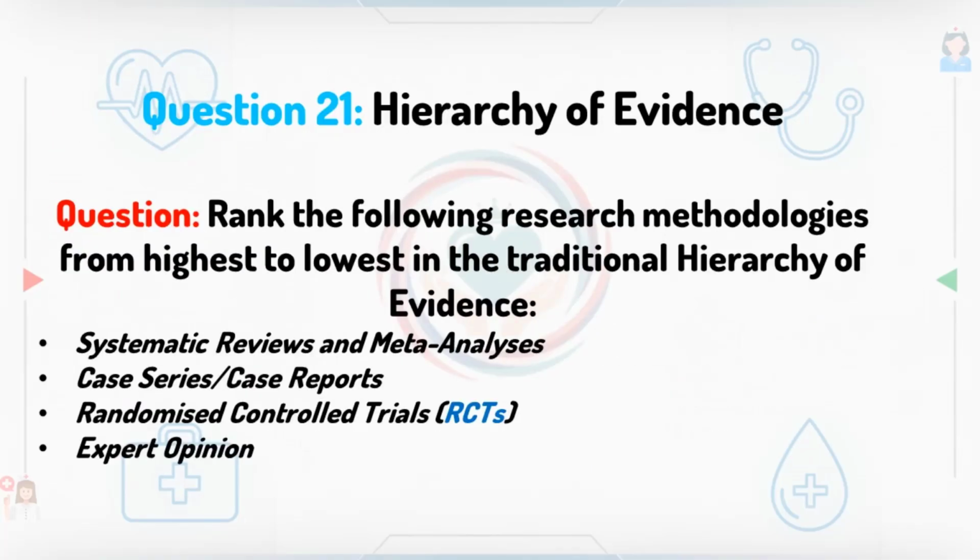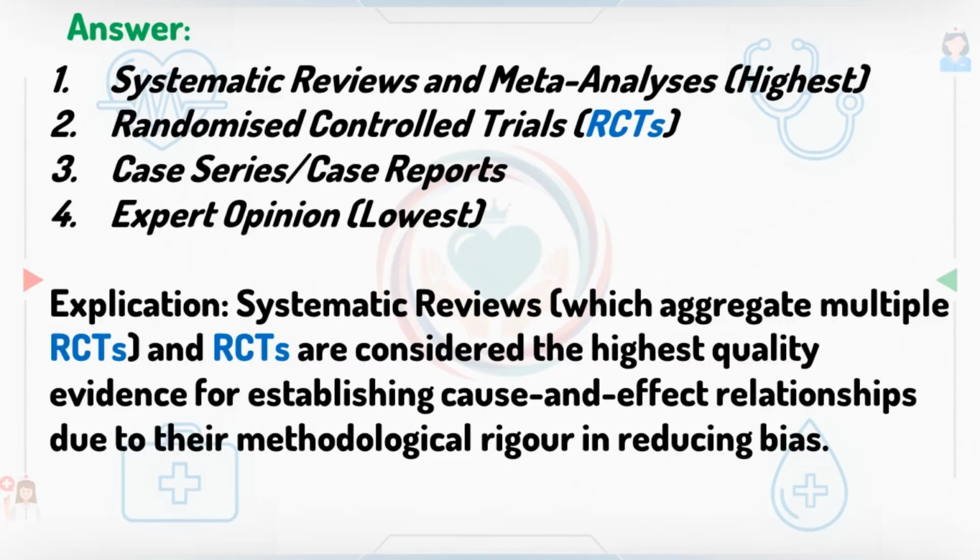Question 21. Hierarchy of evidence. Rank the following research methodologies from highest to lowest in the traditional hierarchy of evidence: systematic reviews and meta-analysis, case series, case reports, randomized controlled trials, RCTs, expert opinion. 1.